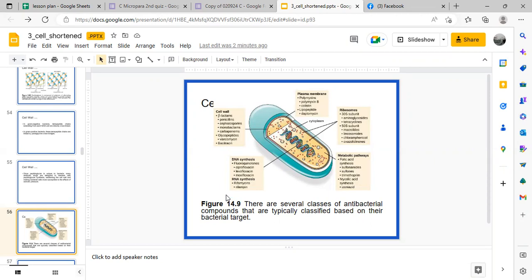Others target, like the erythromycins. Again, these are drugs that are used to fight bacterial infection. Okay? So the diagram shows the specific drugs used to target a specific molecule in the production of each organelle. Okay?